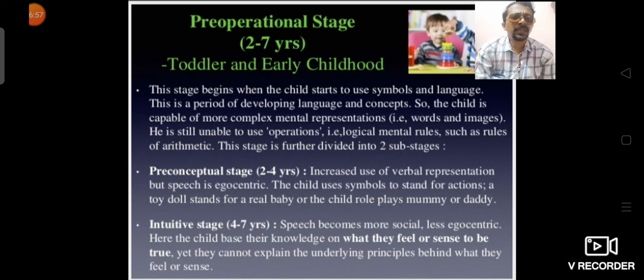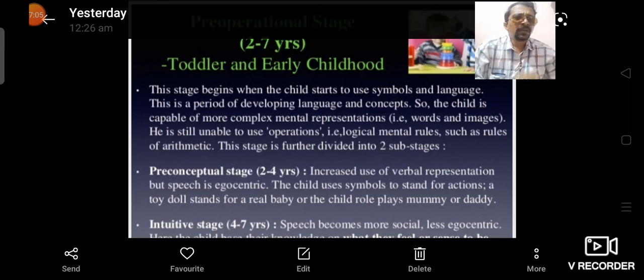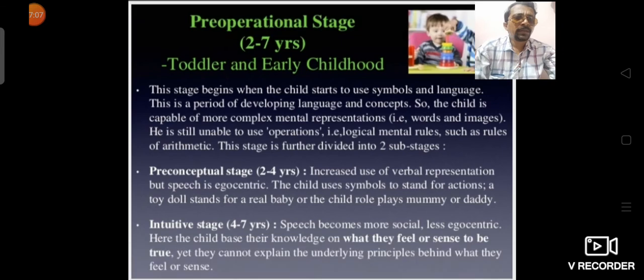The two sub stages are the pre-conceptual stage, that is from 2 to 4 years. There is increased use of verbal representation, but speech is egocentric. Here speech only represents verbal representation, but it is egocentric.